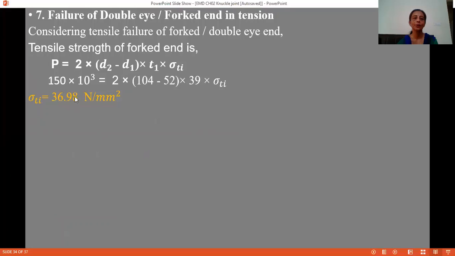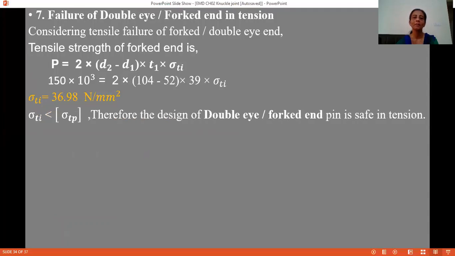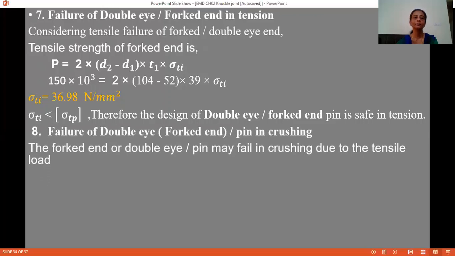Let us substitute all values of P, d2, d1 and t1, because thickness of each eye of a forked end is t1. So here sigma t induced is 36.98 Newton per mm square, which is less than permissible value. Therefore, design of forked end is safe in tensile failure.